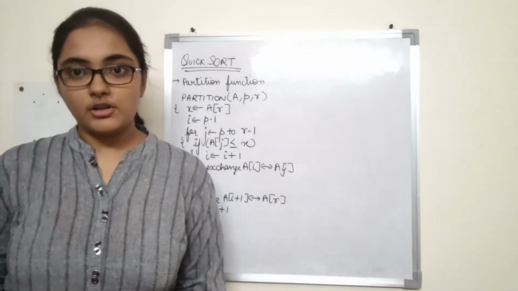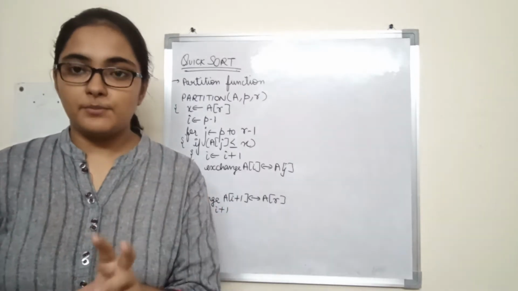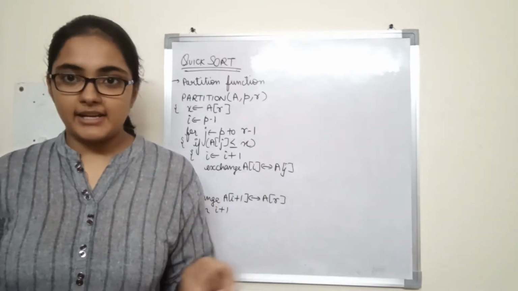In quicksort, in order to divide the problem into sub-problems, we divide the array into 2 sub-arrays.